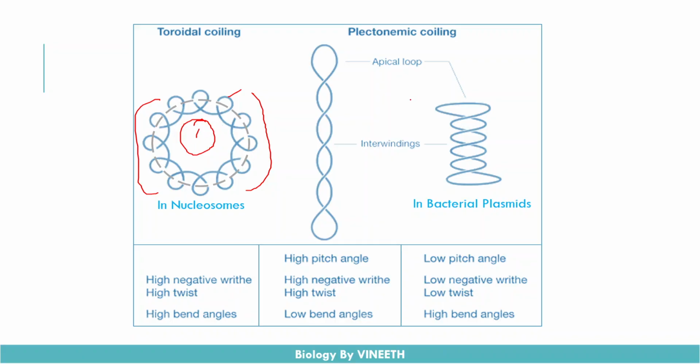And in the same DNA, whenever you try to introduce twist in the mid section of the DNA, this circular DNA, due to this interwinding, undergoes plectonemic supercoiling. This is in the case of bacterial plasmids. That means the helical turn or the pitch angle is quite reduced, and the bend angles will be very high in the case of these bacterial chromosomes.